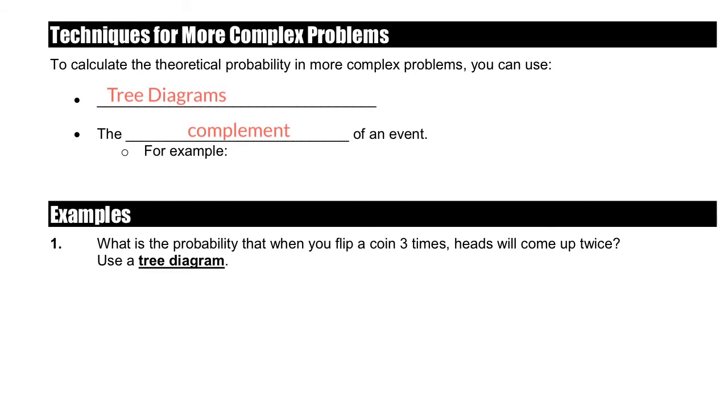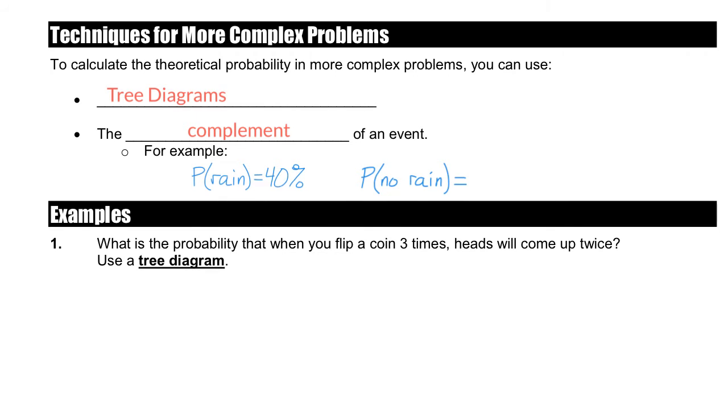So I'll show you a tree diagram in the next example, but just briefly, the complement of an event is, well, if it's not one thing, then it has to be the other. So for example, let's say the probability that it's going to rain today is 40%. So what's the probability that it's not going to rain?